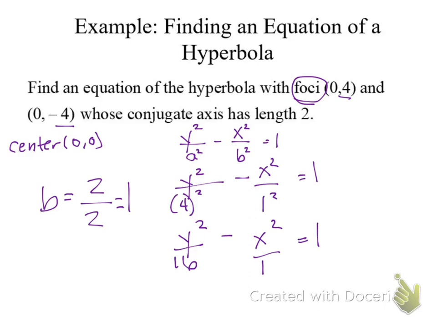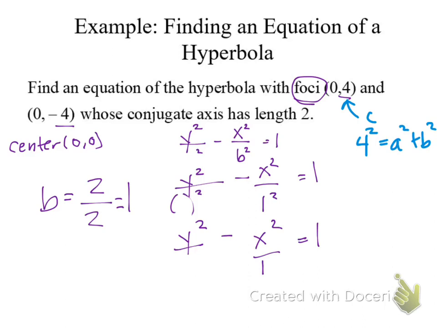I did some stuff wrong, guys. My foci, that's not A. If that was my vertices, that would be A. 4 is equal to C. So I have to go erase my A, guys. My B is correct. I did A wrong. If C is 4, then 4 squared equals A squared plus B squared, because it's the foci. If that was my vertex, what I did was right.